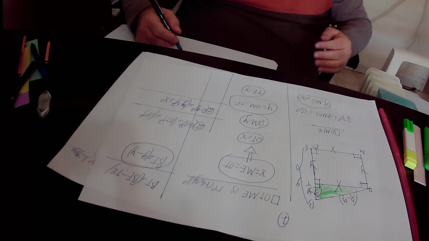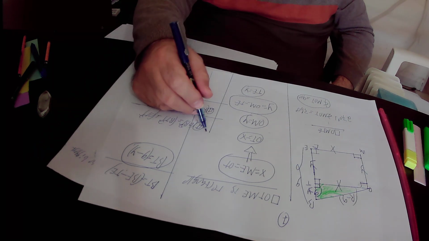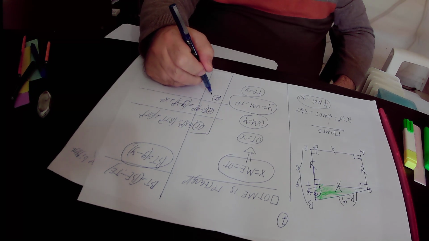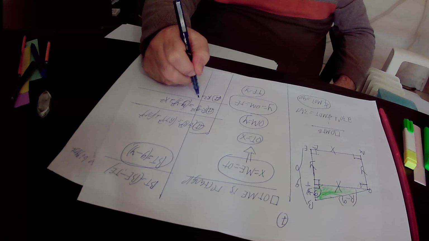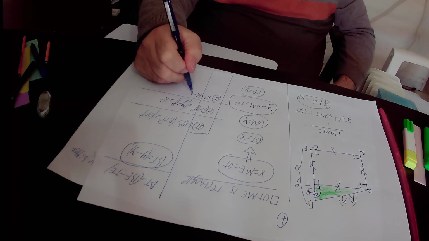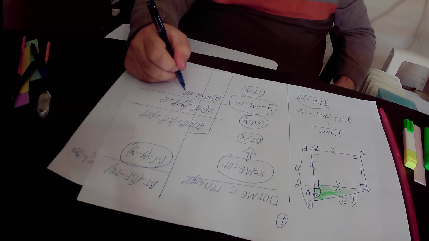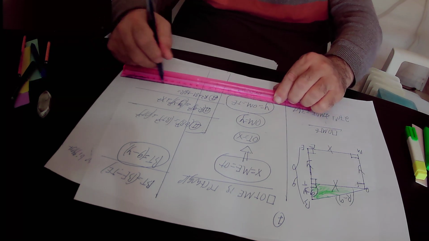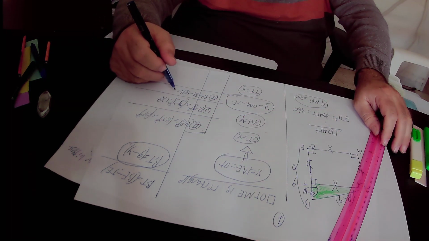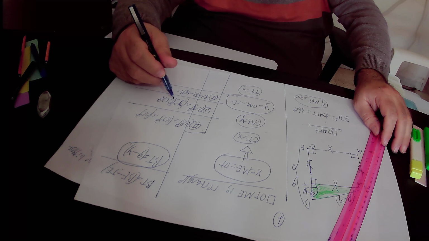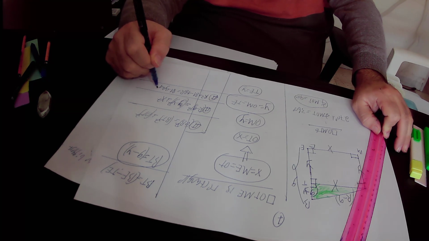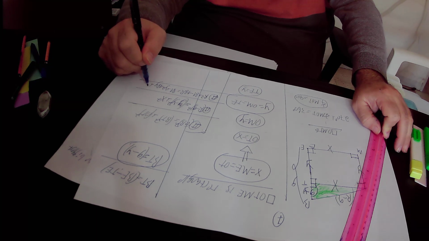Here we will open the brackets on both sides of equation number 2, and we will get that (R minus 9) square is equal to R square plus 81 minus 18R, which equals (Y minus 9) square, actually (9 minus Y) square, which equals 81 plus Y square minus 18Y plus X square.